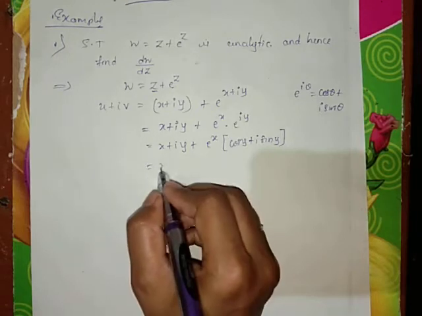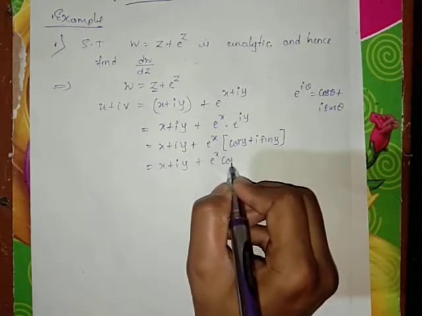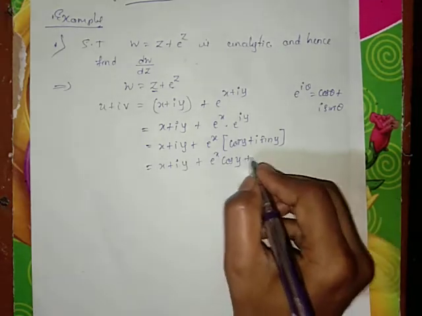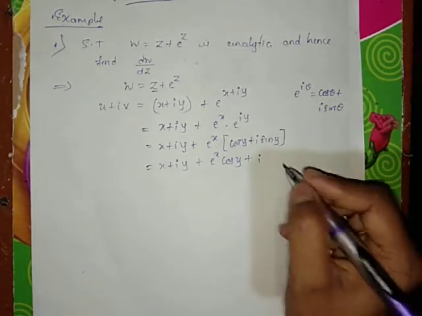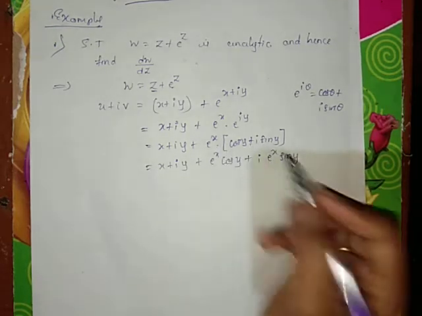Now open the bracket: x plus iy plus e raised to x cos y plus i e raised to x sin y.